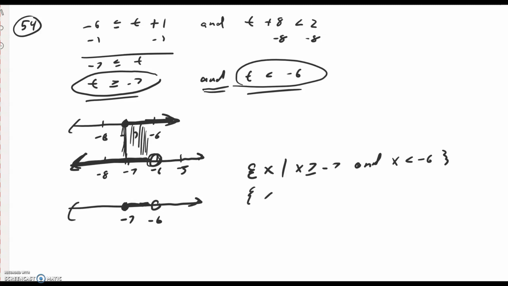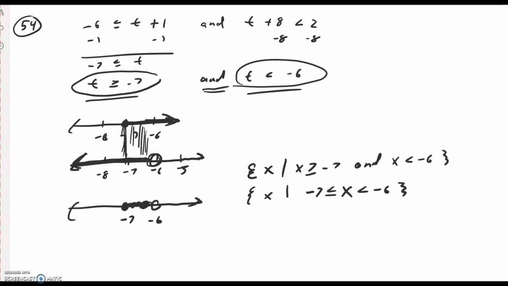Another way to do this in set builder notation is to put the set of all x's such that, and then just put the x here and surround it on the left with the smallest value and on the right with the biggest value, and then that locks the x's in between. We want to put less than or equal to because it can be equal to -7, and we want to put less than here because it can't be equal to -6.